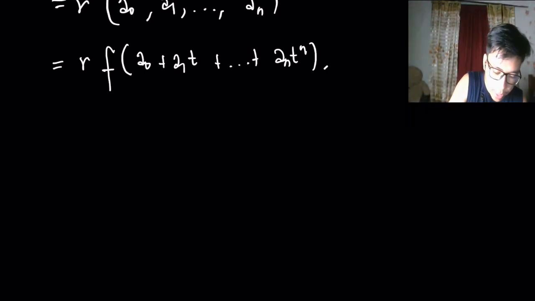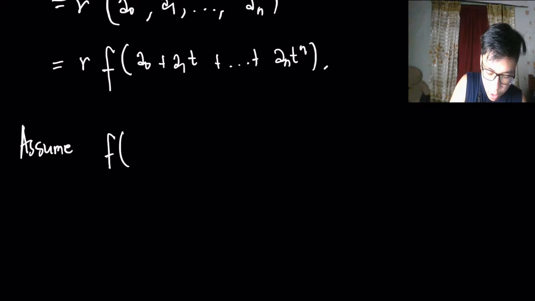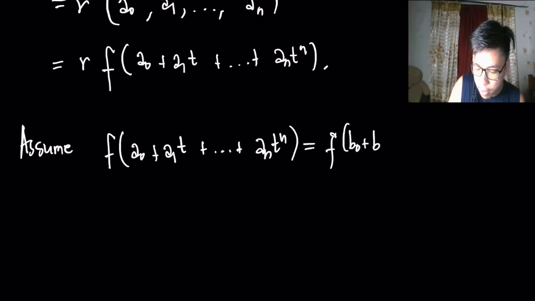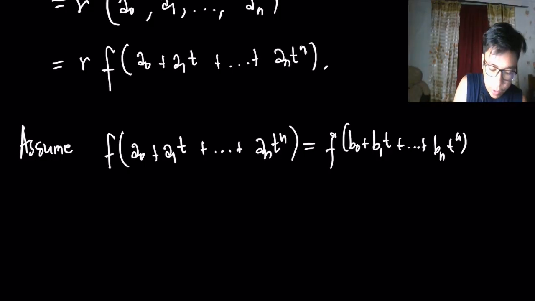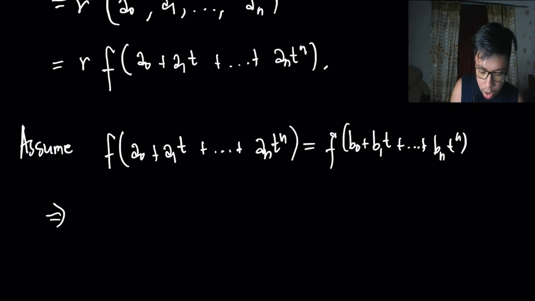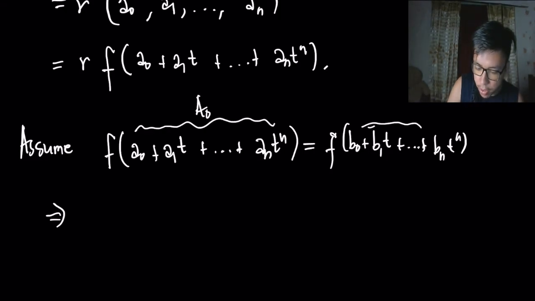Okay, so let's assume that f of a_0 + a_1 t + up until a_n t^n equals f of b_0 + b_1 t + up until b_n t^n. So let's assume that's equal. I'm going to let this entirely be a, and I'm going to let this entirely be b.